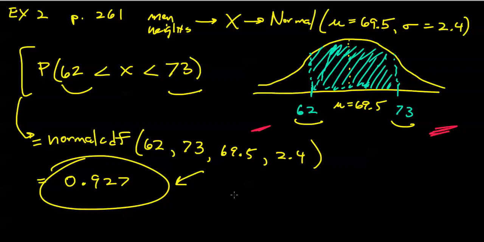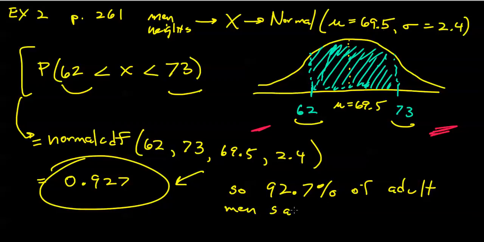That's not surprising to me. So I will conclude, 92.7% or 93% of adult men satisfy the British Airways requirement for height.